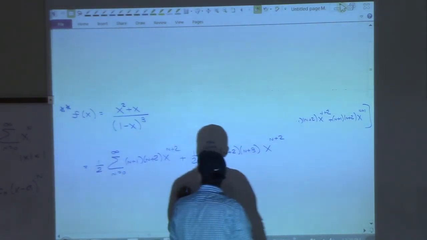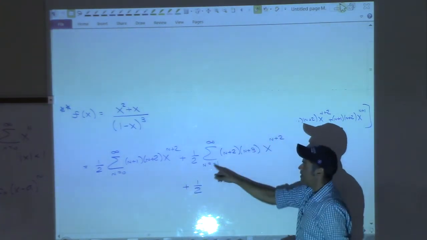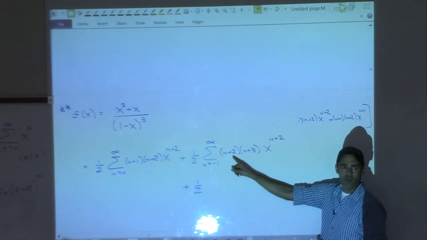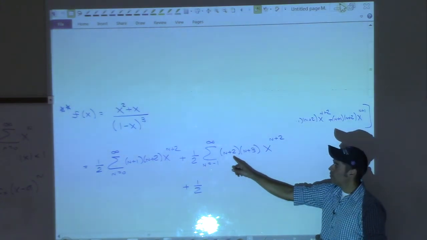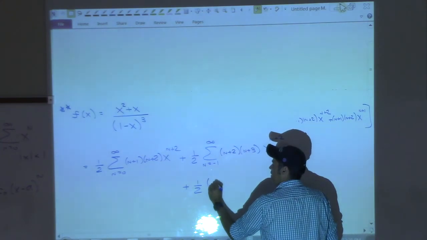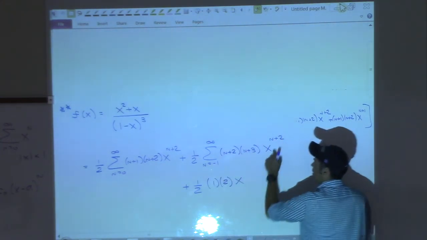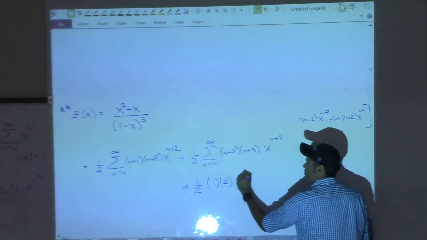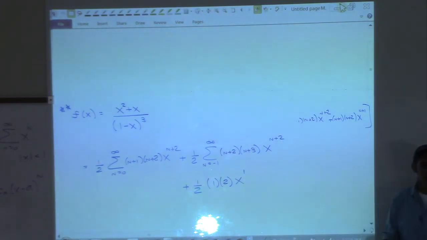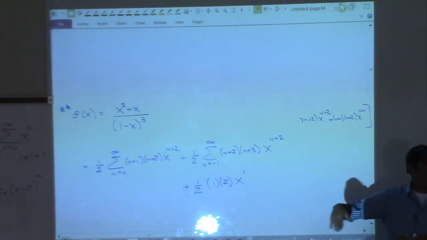So I'm going to write it this way, plus 1/2. Let's go ahead and plug in -1. What would happen if we plug in -1 here? We get 1 times 2 x to the first power, right? Now we've plugged in -1. The next thing we would do is plug in 0 and then continue, right?